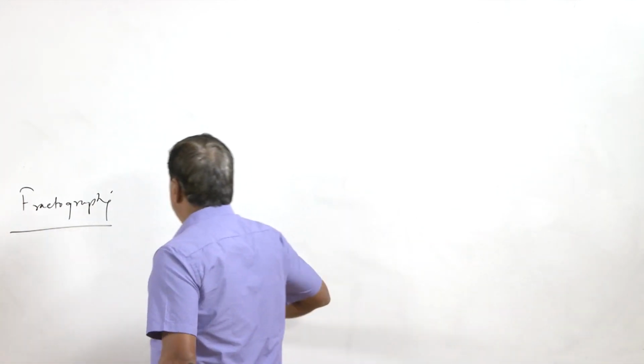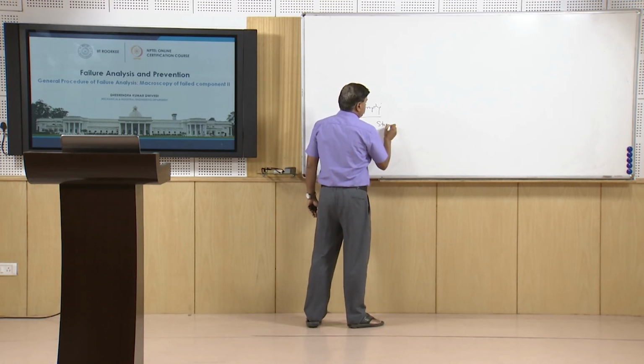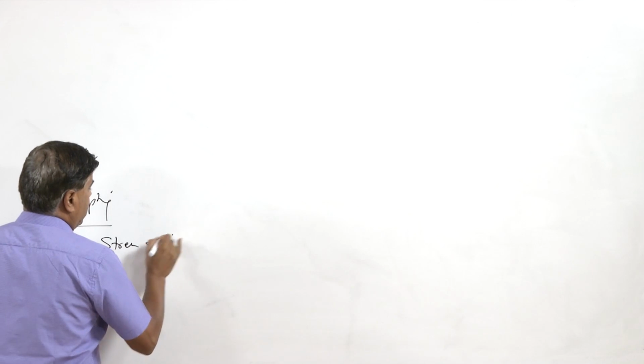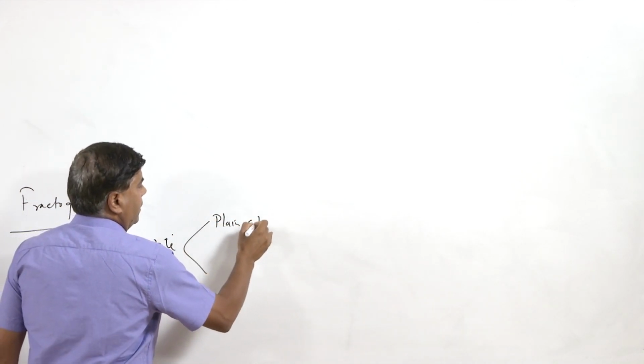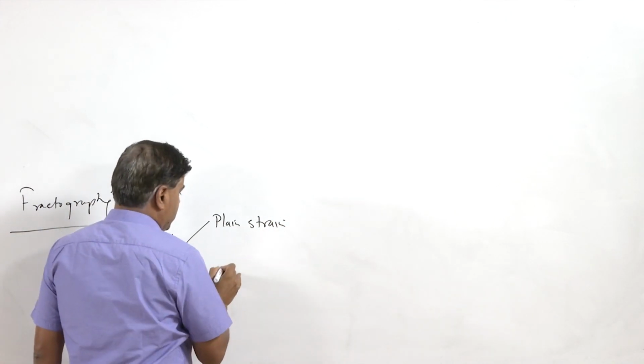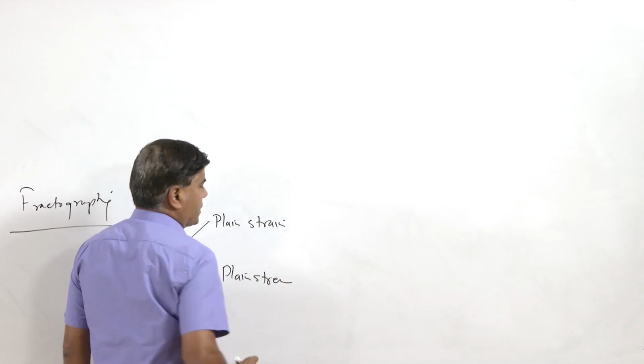First of all we will take up how to determine the stress condition under which the failure has taken place. Stress state is the one, whether it is plane strain conditions or plane stress conditions.